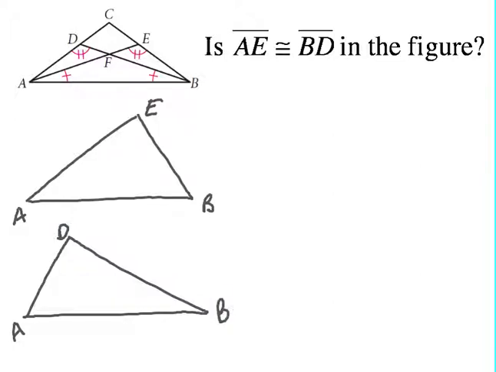So now let's go ahead and write in what we know. I know that the little angle B here is the same as what little angle? A up here. Is there anything else that I know? E and D are the same. Is there anything else that I know?